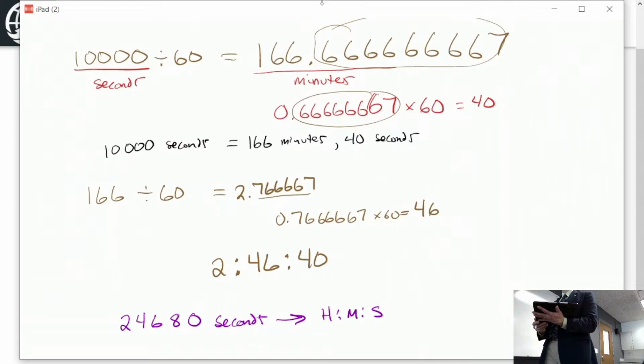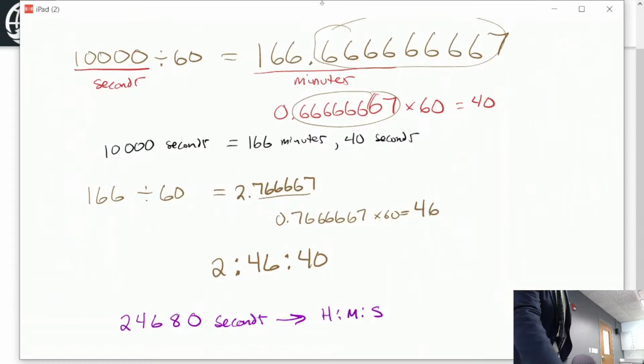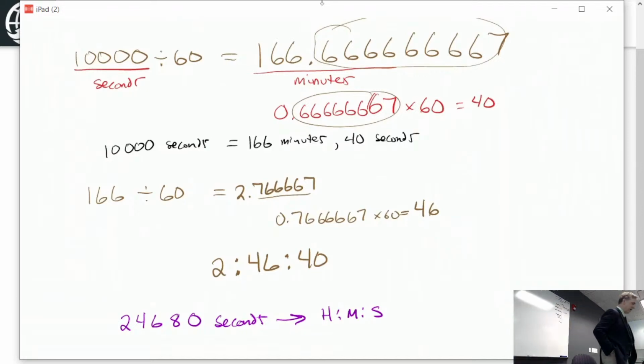There we go. I think we got it all. So it's 24,680 seconds, and I want to know how much that is in hours, minutes, and seconds. You can use your own method, or you can use my method. Whichever way you do it is fine. In fact, if you have your own method, you should try it and then see if it works. We'll go over it. If it doesn't work, then you might want to go with my method.